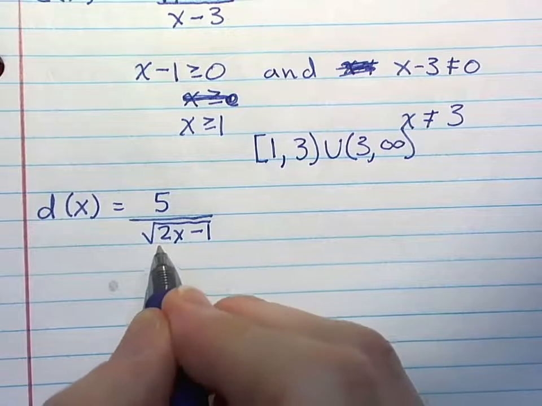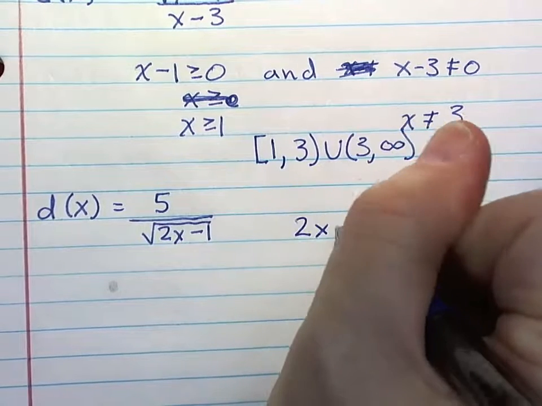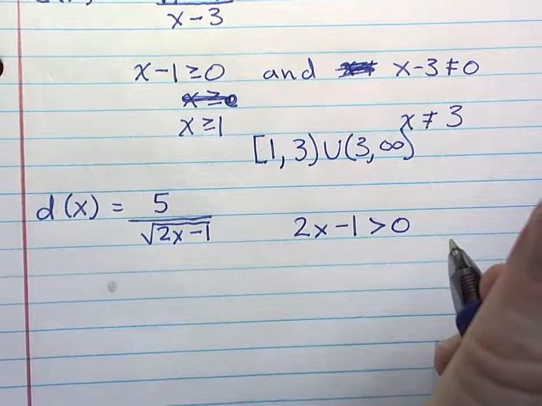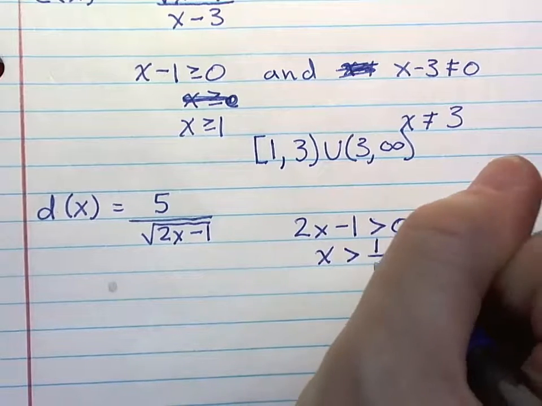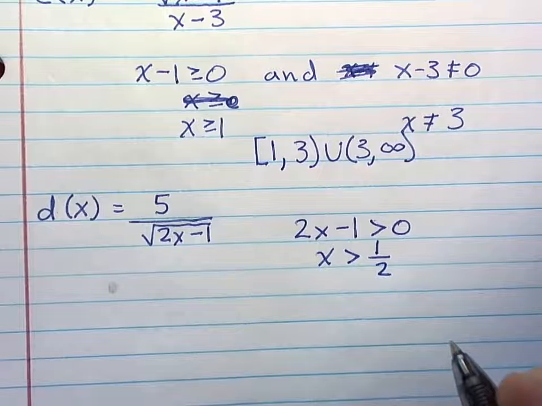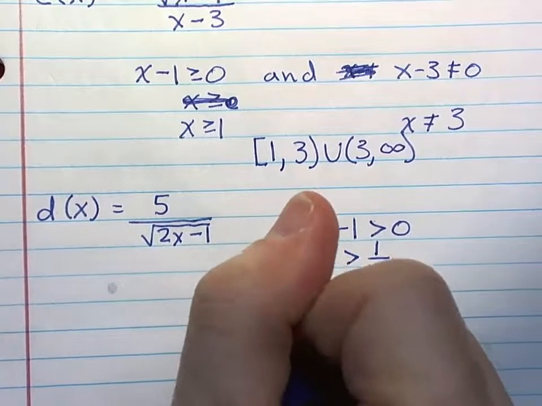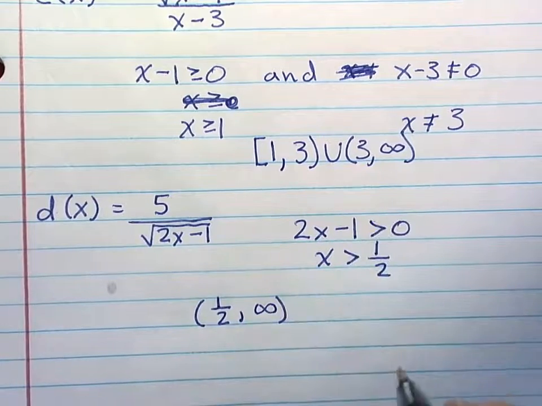But this is in the denominator. So it's going to be 2x minus 1 is strictly greater than 0. So that would mean that x has to be strictly greater than 1/2. So we would say 1/2 to infinity.